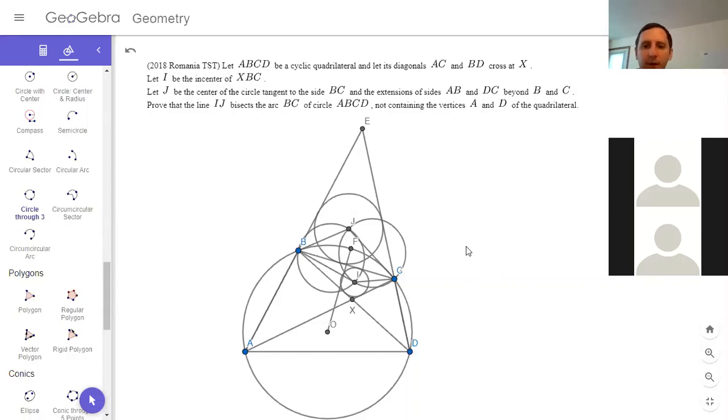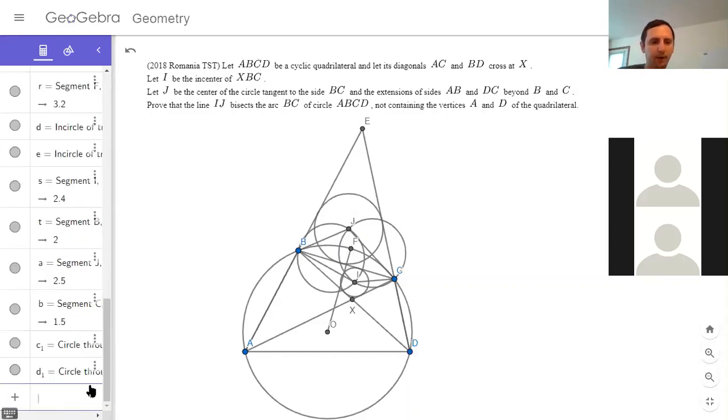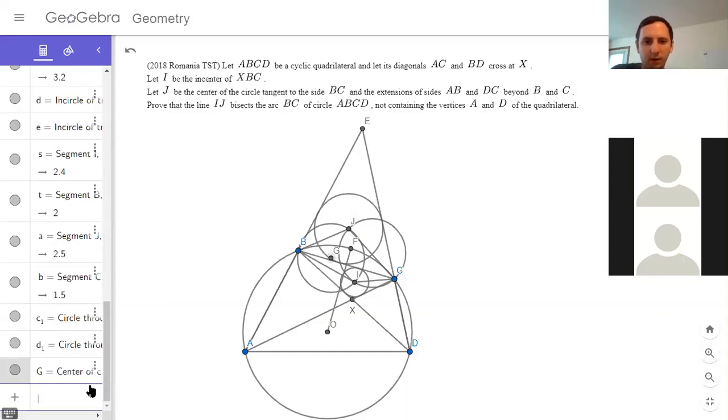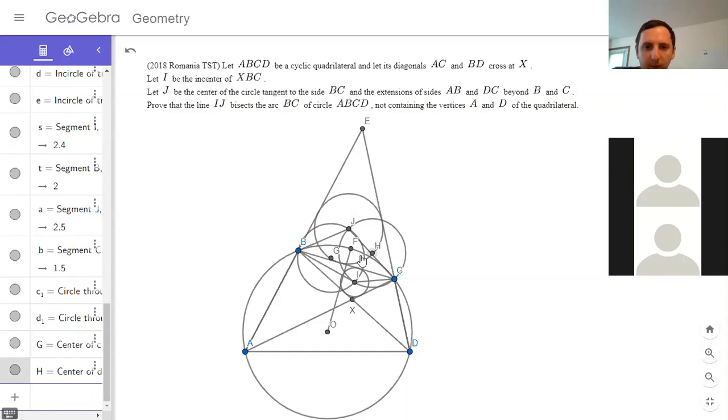So I want to show that F has the same power with respect to them, so basically that F is the same distance from their centers. That's kind of interesting. If I can show F is the same distance to the centers of these two circles, that would solve the problem.